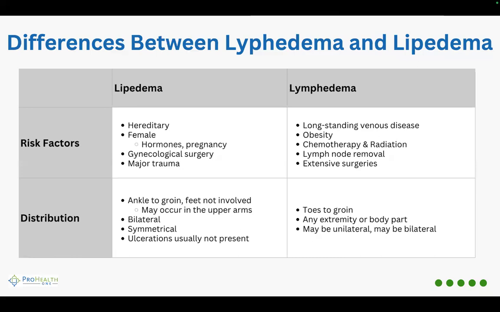You see that bilaterally, it's symmetrical, and ulcerations are not very common in lipedema. But in lymphedema, it goes all the way from the toes to the groin. It would involve the hands all the way to the shoulder. Any extremity can be involved, and sometimes it's unilateral, sometimes bilateral.